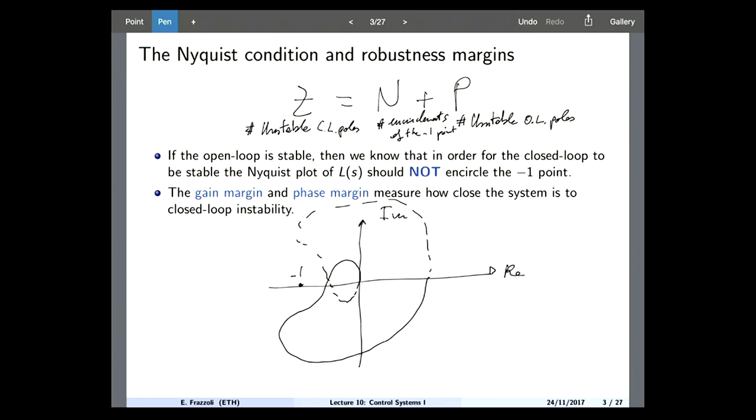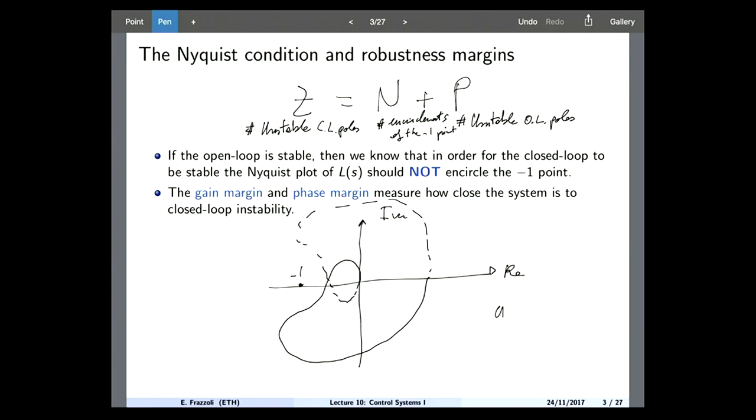Now, something that is very important to keep in mind is this notion of robustness, okay? So now, if my Nyquist plot does not go around the -1 point, why are we looking at -1? Why not 1 or 0? Remember the characteristic polynomial. Let me write it here.